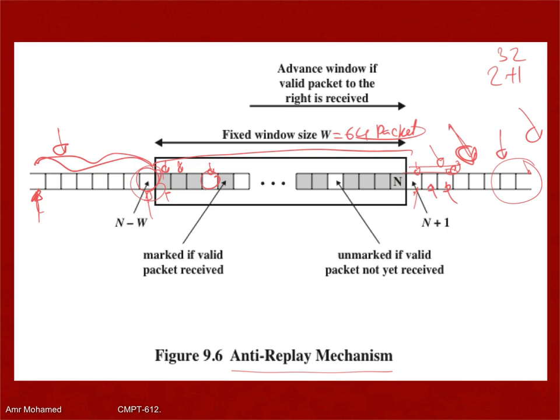This 64 is a pretty good number that gives the minimum probability of false alarms, which makes sense. If you have a packet outside the 64, this means IP is not working at all. It's totally out of sync.